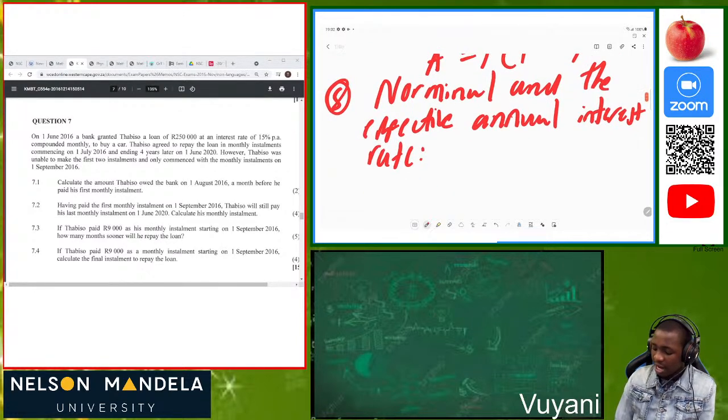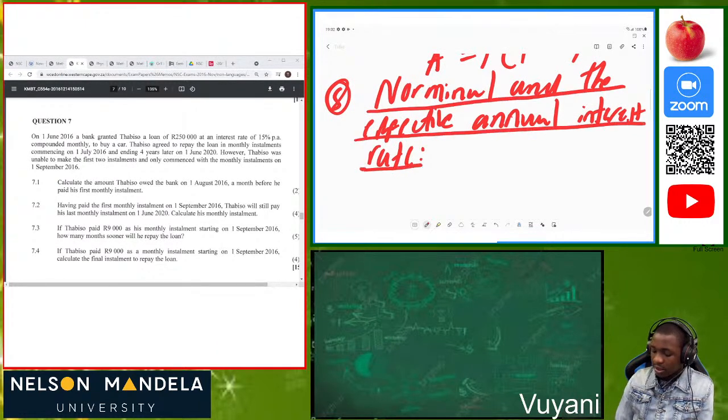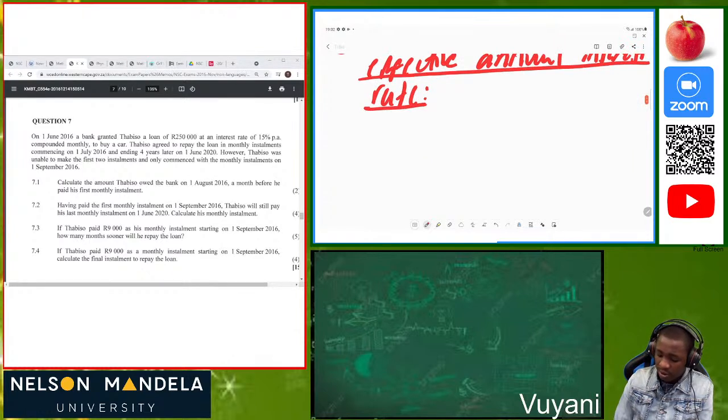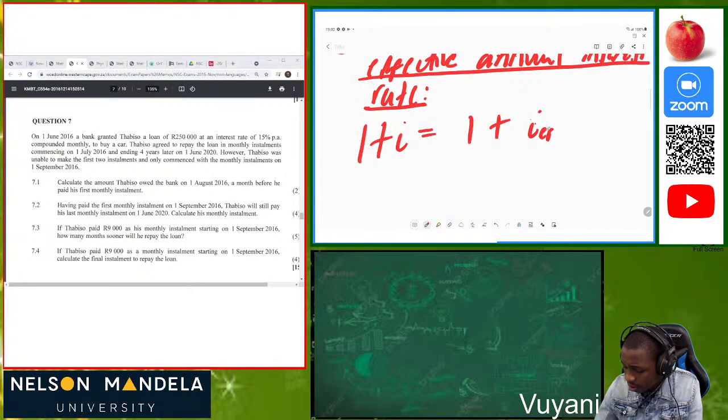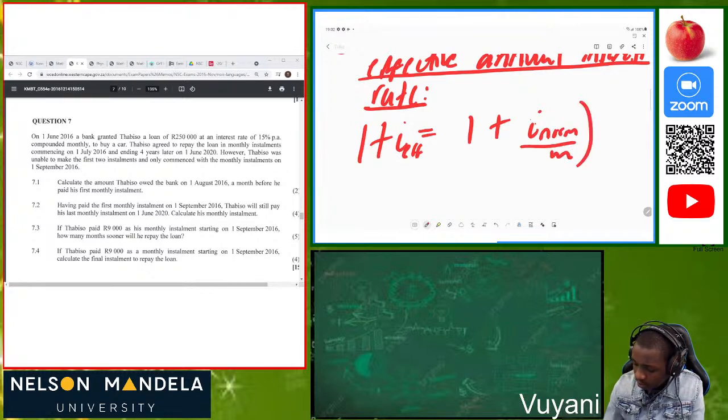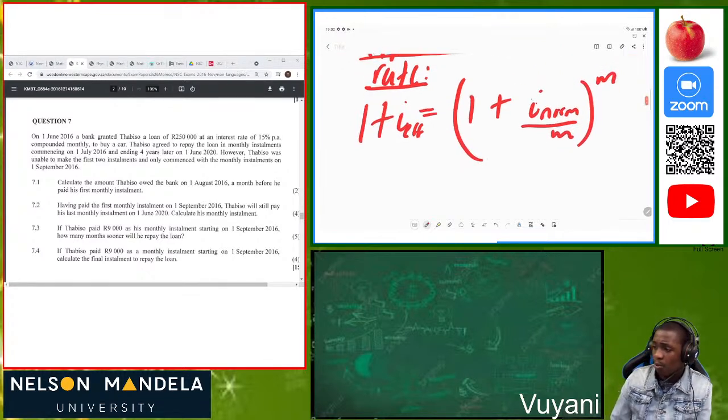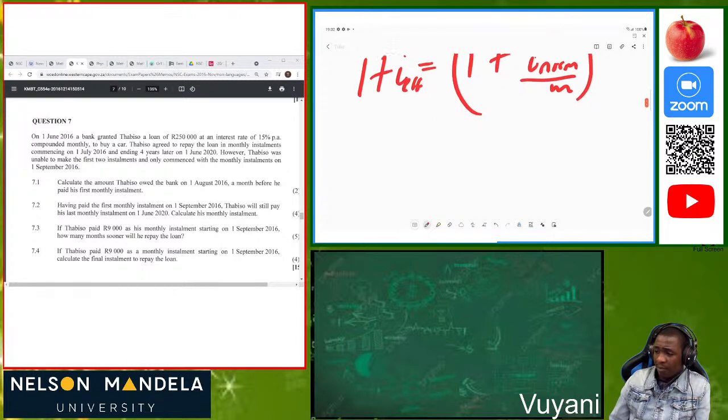So the nominal and the effective annual interest rate is calculated by using the formula that we know: 1 plus i effective must be equal to 1 plus i nominal over m, all to the power m, where m is the number of months.